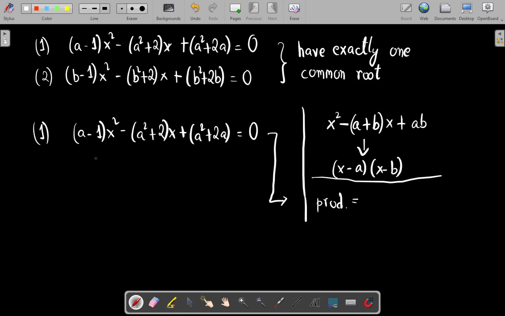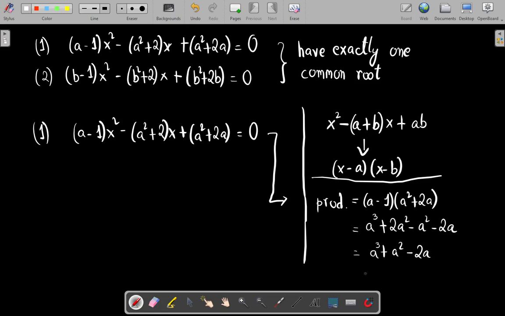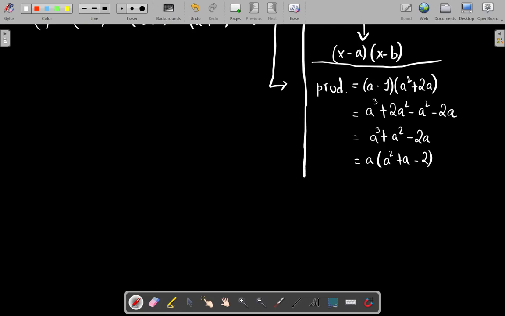So here the product is (a minus 1) times (a² plus 2a). If we simplify it, we get a³ plus 2a² minus a² minus 2a. So this gives us a³ plus a² minus 2a. If we take a common, we get a(a² plus a minus 2), which further gives a(a plus 2)(a minus 1).